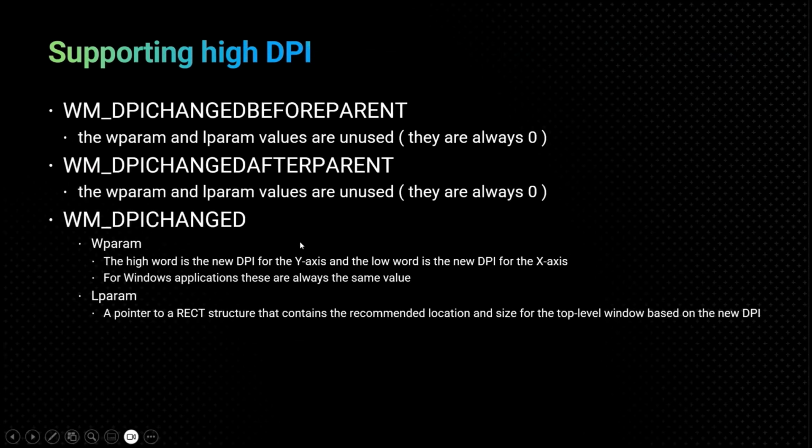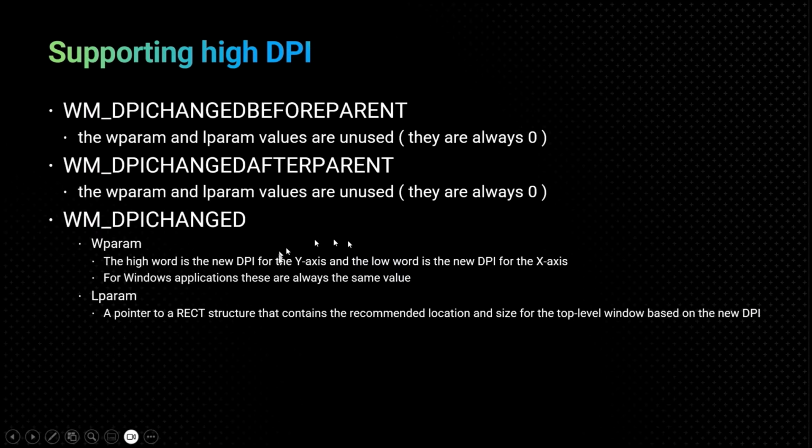Not that we care about the first 2 events, but just for information, the WParam and LParam values that are sent to those 2 events have no meaning. They're always 0. But here's the important part. For the WM_DPICHANGED event, those parameters have meaning.